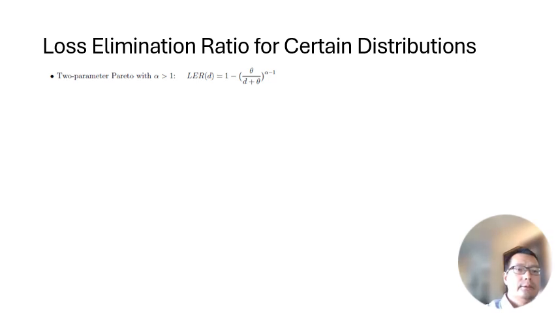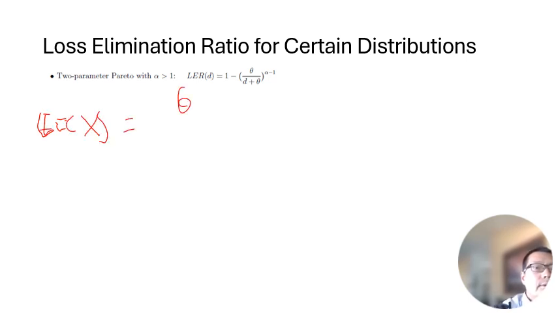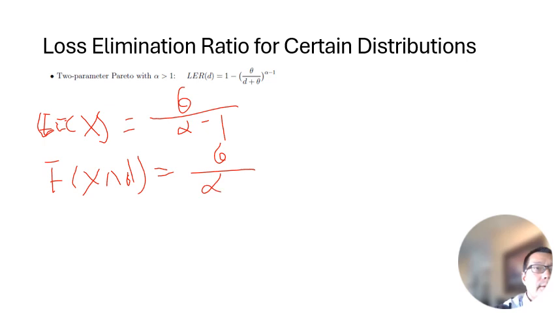The second one is the situation when it's a two-parameter Pareto with alpha greater than 1. Then what's the loss elimination ratio? First we know that E[X] for the two-parameter Pareto distribution is this, and E[X capped at D] is also given in the sheets as this. We actually did a similar exercise earlier in the example.